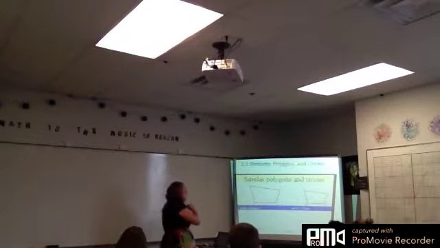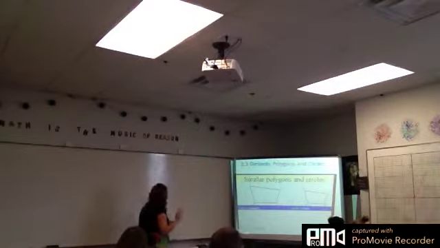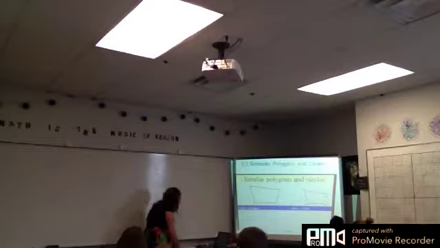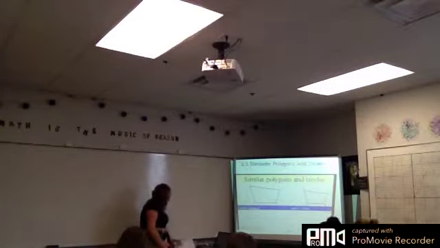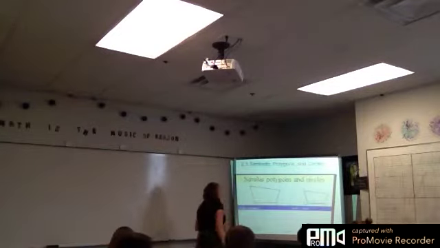So here you have similar polygons, and we're gonna talk about circles too, because that's gonna be a little bit different. So if I have similar polygons, and it says polygon ABCD is similar to EFGH, tell me what I know about these two things. What can I automatically know?